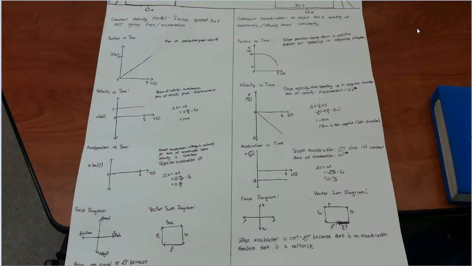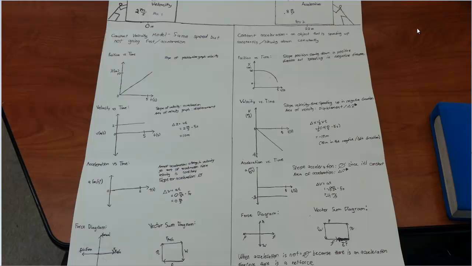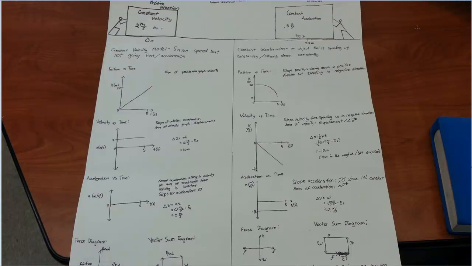For the velocity versus time, we can see that the graph is going down, or the slope is going down, because we're going in a negative direction, speeding up. Therefore, the slope of the velocity time graph is showing that it's going in a negative direction, and the area of the velocity time graph is the displacement, or the change in position. Acceleration versus time graph.